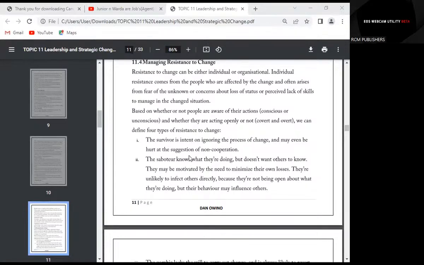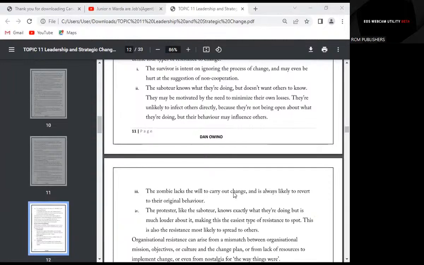Two, the saboteur knows what they are doing but doesn't want others to know. They may be motivated by the need to minimize their own losses. They are unlikely to infect others directly because they're not being open about what they are doing, but their behavior may influence others. Three, we have the zombie. The zombie lacks the will to carry out change and is always likely to revert to their original behavior.